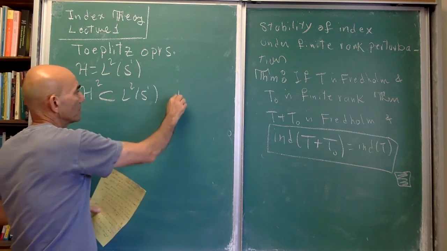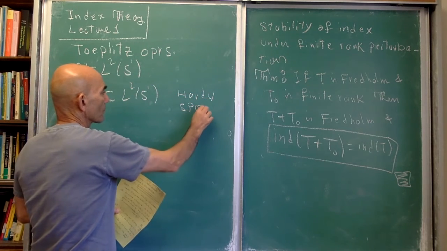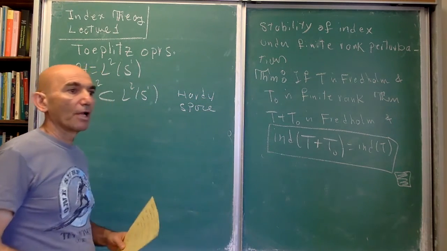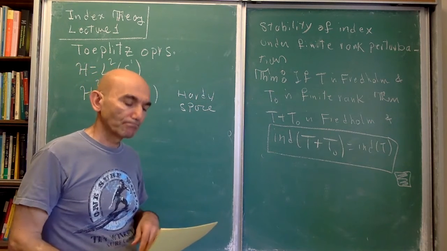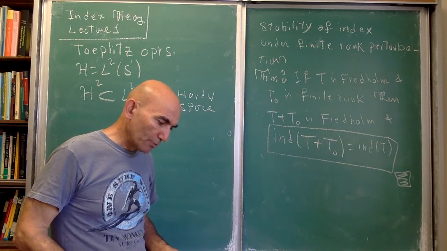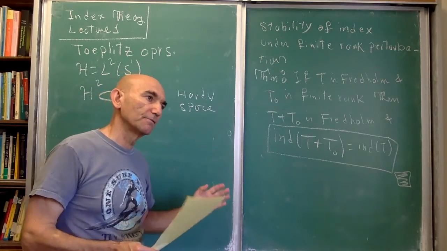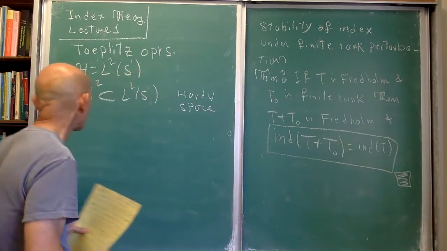So this is the Hardy space. So this is defined as those L2 functions whose Fourier coefficients in negative direction all vanish.